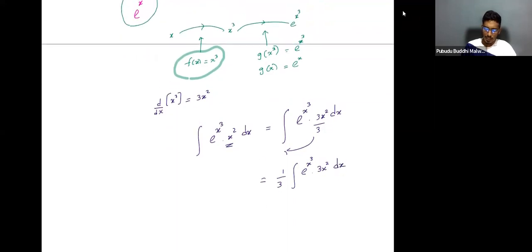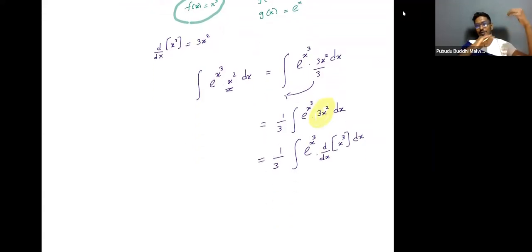Hence, this part, 3x squared, is the derivative of the inner function, that is x to the power of 3. So I can use that, once again, that form. Now it's very obvious.